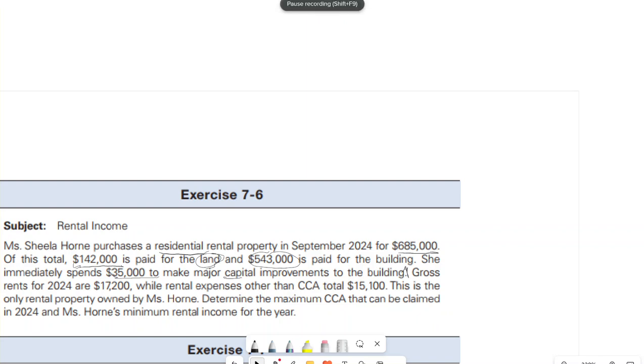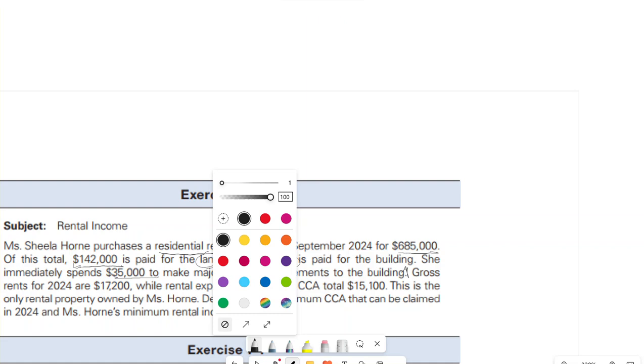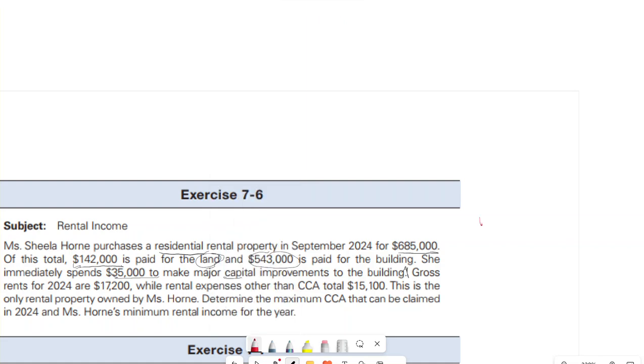So we bought land, which doesn't depreciate, so we only need to look at the building now. The cost of the building in this case is 543,000.